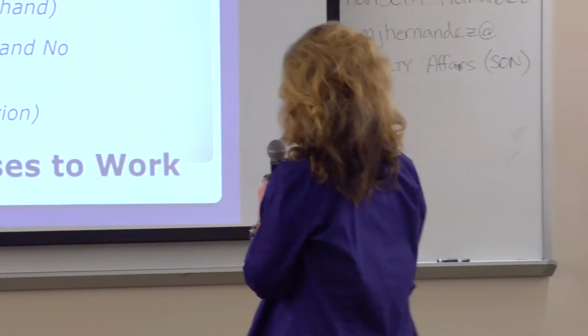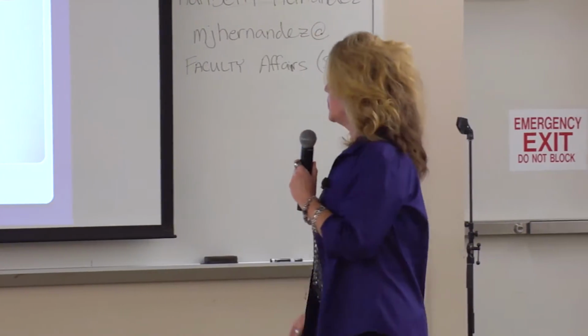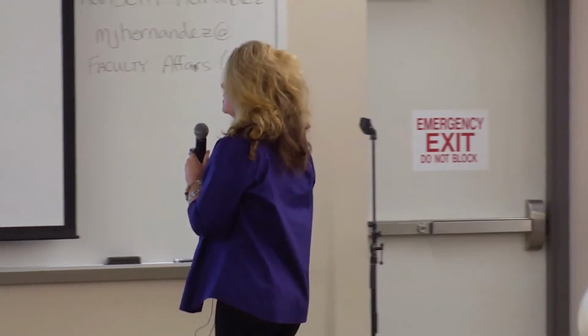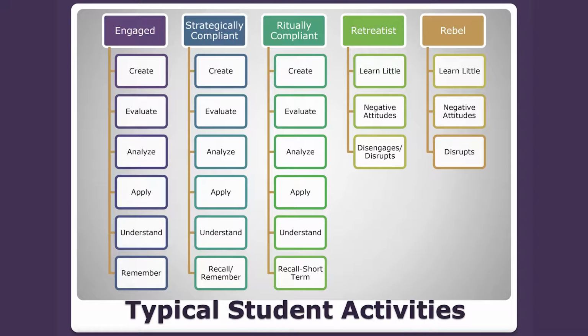And that's demonstrated, I'm going to bring up this slide too, typical student activities. The student that is fully engaged, they're students that are strategically compliant, ritually compliant, retreatist, and a rebel.